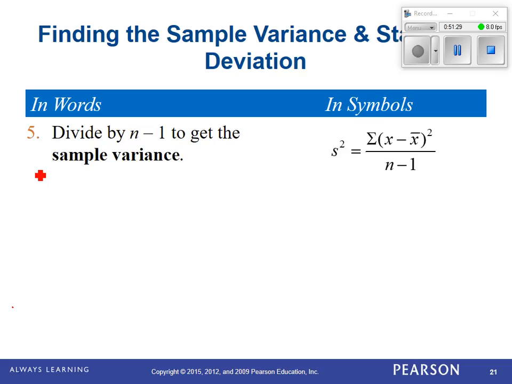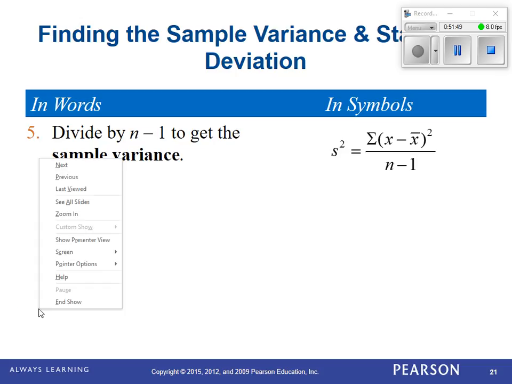Actually, this time you're not dividing by how many entries. This time you're going to divide by n minus 1 for a sample. So instead of 6 this time, if this was a sample, we would do 6 minus 1, which is 5, and we divide by that. That's going to give us our sample variance. What's the last step?